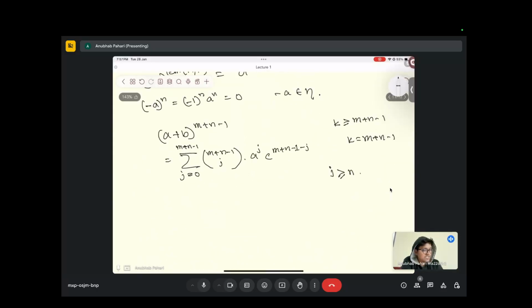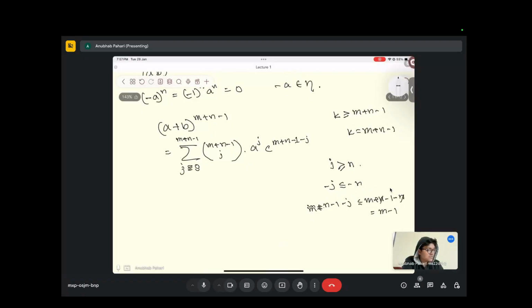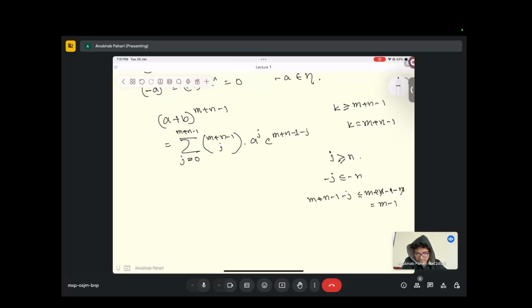So when j is greater than or equal to n, then what should be the... minus j should be less than or equal to minus n, so m plus n minus 1 minus j should be plus n minus n minus 1.